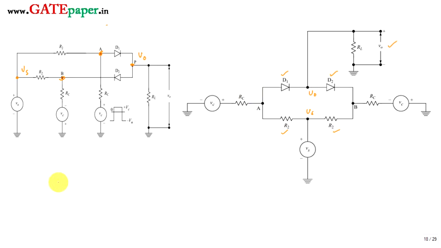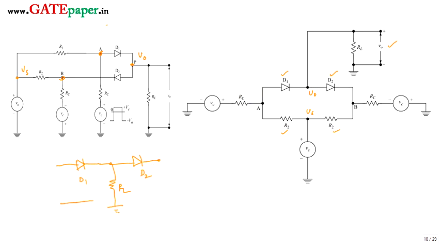Look at this. So we have diode 1 connecting with V0. That V0 I have taken over here, RL, which is connected to ground, and this is D2.